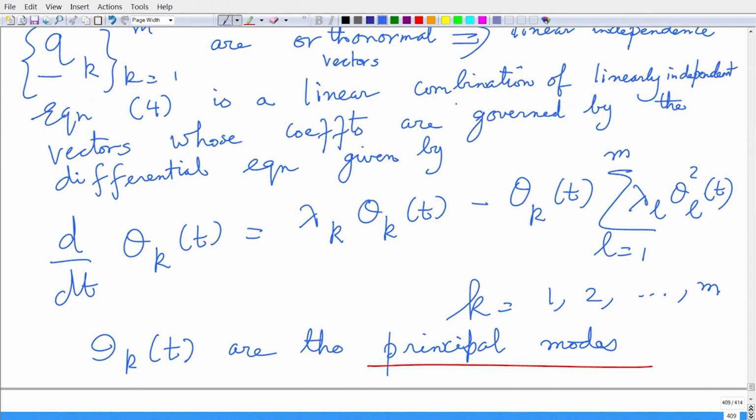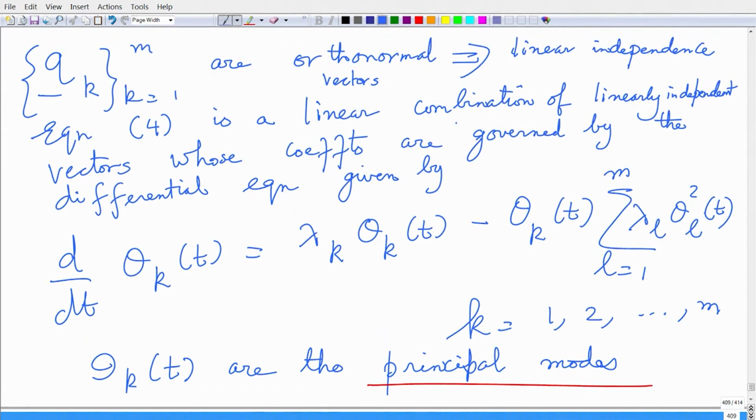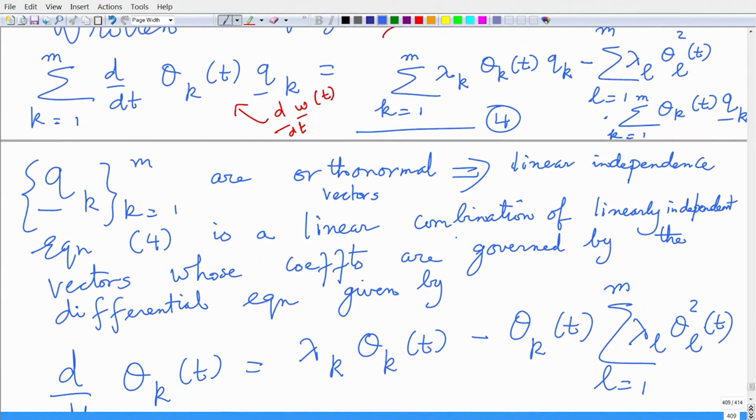equation that I can write in this form, which is d by dt of theta k of t is lambda k theta k of t minus theta k of t times summation l equals 1 to m lambda l theta l square of t. So I can just equate the coefficients sticking before qk the way it is, but this detail, though it seems straightforward, stems from the fact that qk's are orthonormal vectors, which implies they are linearly independent.